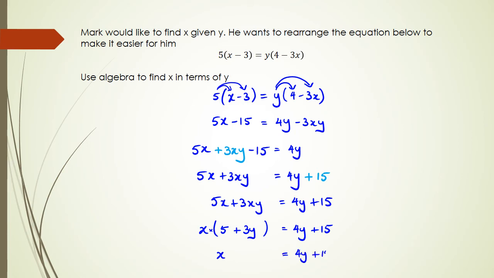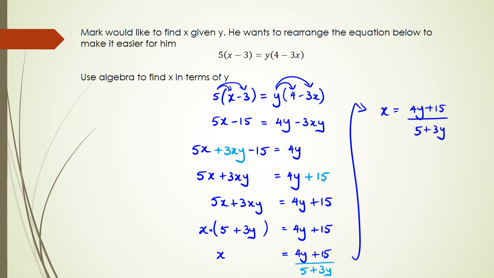But because it's being multiplied, when I bring it to this side, it would become divide. And so it would get divided by 5 plus 3y. So my final answer then would be x equals 4y plus 15 divided by 5 plus 3y.